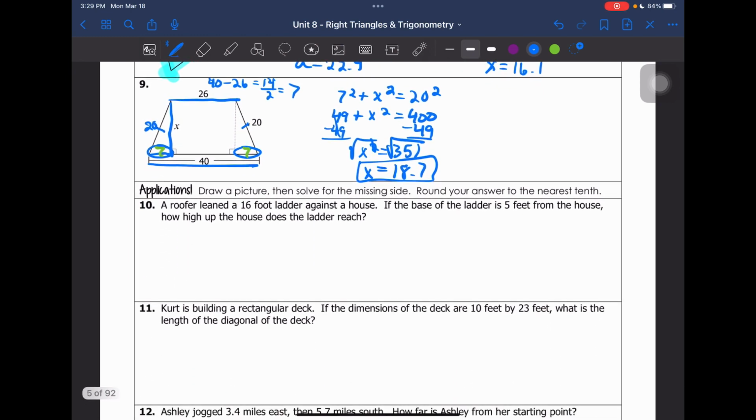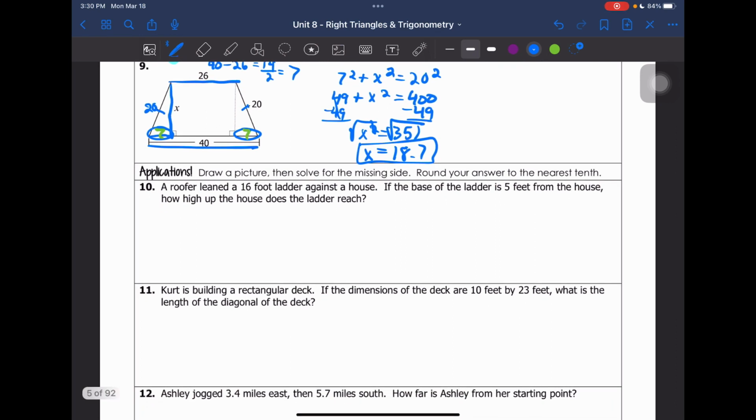So there's going to be some word problems that you'll have to do that just require you to draw a picture and find out what is the missing side that you need to solve for and use the Pythagorean theorem in order to calculate what that side is. So like number 10, it says a roofer leaned a 16-foot ladder against a house.